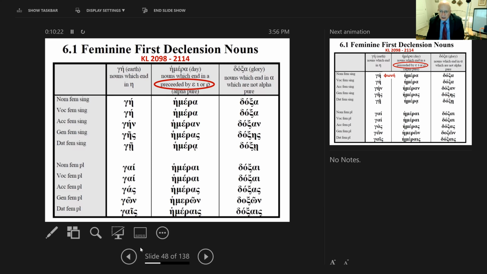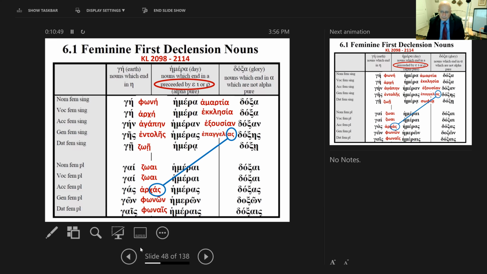You'll notice that, again, we have alpha pure nouns like hemera, and we have eta nouns like ge or phone, sound or voice, or arche, and here I've added the ending. And we have again alpha pure nouns, and we have alpha nouns that are not alpha pure.